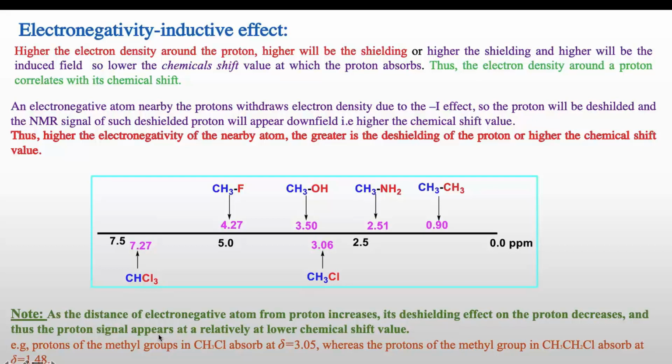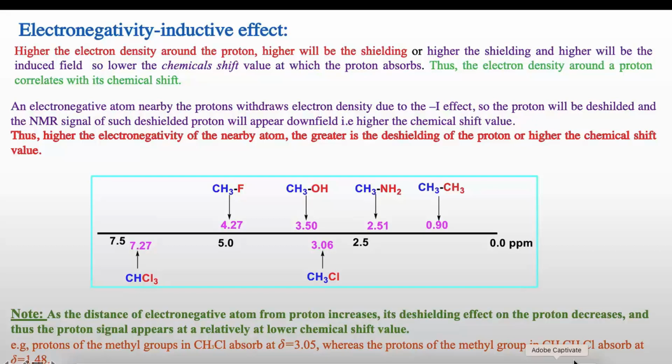Also remember, as the distance of the electronegative atom from the protons increases, its deshielding effect on the protons decreases, and thus the proton signal appears at a relatively lower chemical shift value. As we can see in these two molecules, protons in CH3Cl absorb at 3.05 because chlorine is directly connected to this carbon.